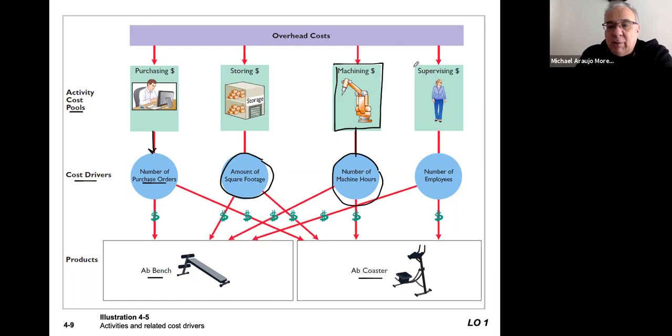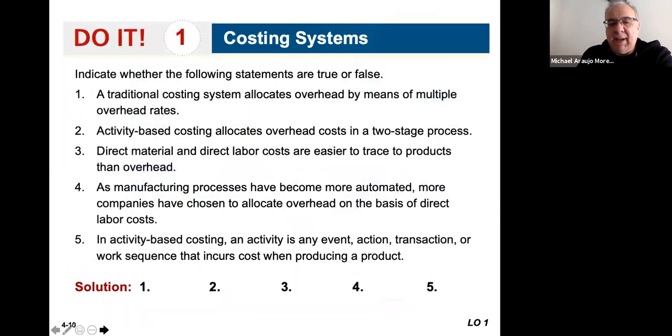And of course, depending on the number of employees working on the line, you need to pay for supervising. Oftentimes that is broken up by the number of employees that are being supervised. Again, maybe you need fewer employees to put together an ab bench than you do an ab coaster. And so allocating the costs based on that makes a lot more sense in activity-based costing. And that's basically the introduction to it.